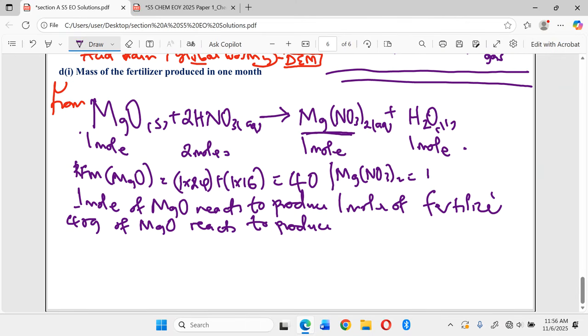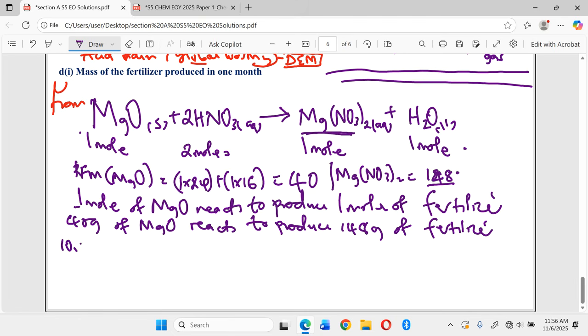We had calculated it as 148. So which means 1 mole of that will be 148 grams of fertilizer.